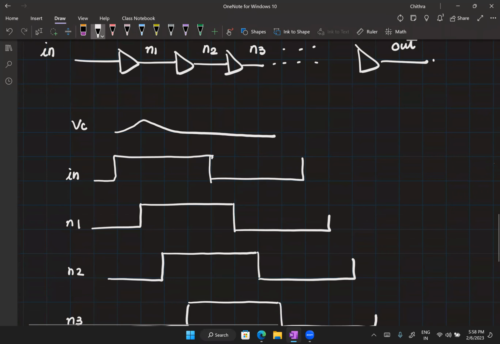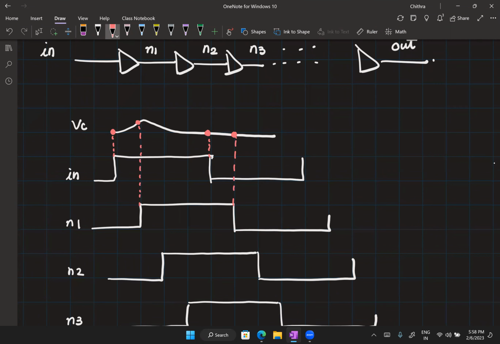Okay. So now what is happening is the delay of each of these buffers will depend on the value of VC when the rising edge is occurring. This is true for both the rising and the falling edges. Now, all of these edges are going to see different delays depending on the value of VC.